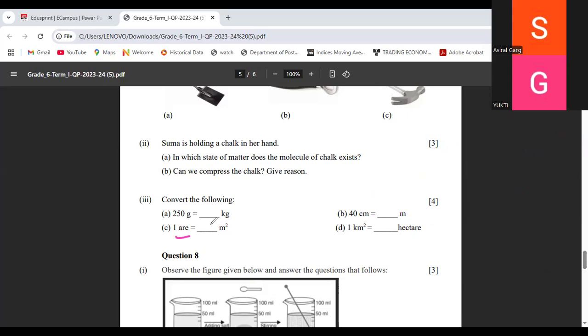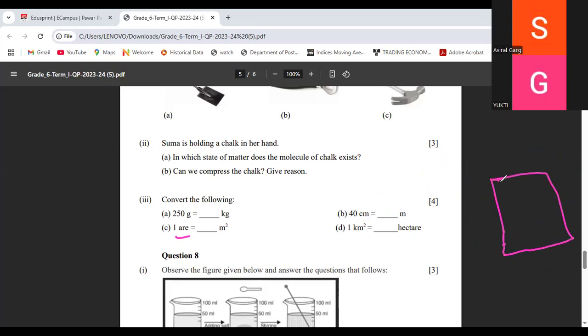1 are is equal to dash meter square. I want you to check the value in your notes. Please write on the screen quickly. One are is, this is a very easy question.